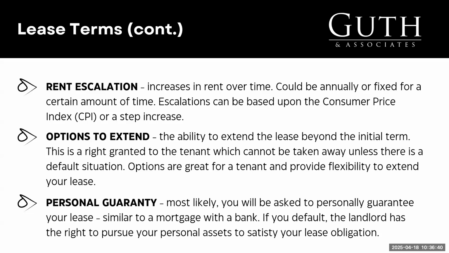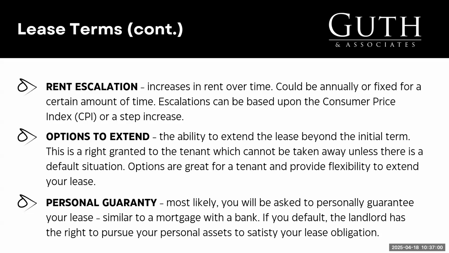Options to extend. Say you have a 5-year lease, but you want to be able to extend that beyond the 5 years or whatever your initial term is. We always want to write in that ability for you to extend that lease.